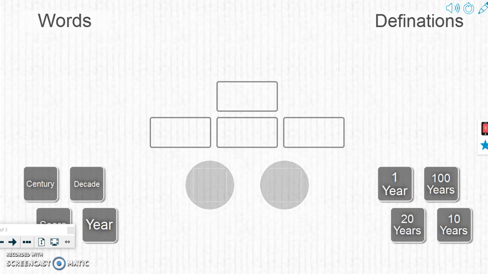Which word would you like to start with? You can pick any of the words that you want to start with. A year? No problem. Good job. Okay, you can have a seat now. Can I have another volunteer to come up to the board to pick the corresponding definition? Ashley, thank you for raising your hand.